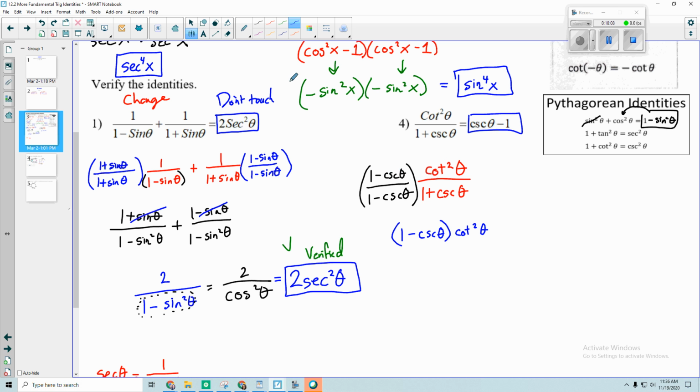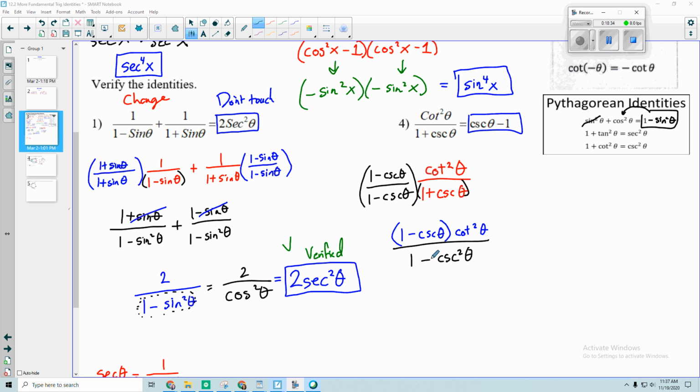But then in the denominator, this is going to be like the last problem. This is going to turn into 1 minus cosecant squared theta. So that's what you would get if you end up foiling these two out. The middle two terms would cancel because one is positive and one is negative, and they look exactly the same other than that.